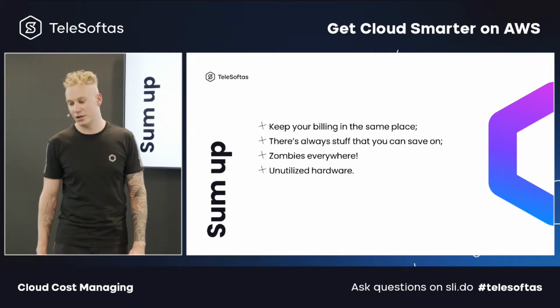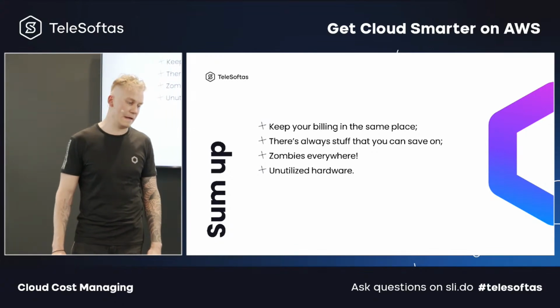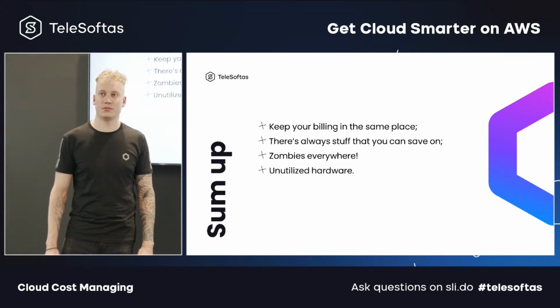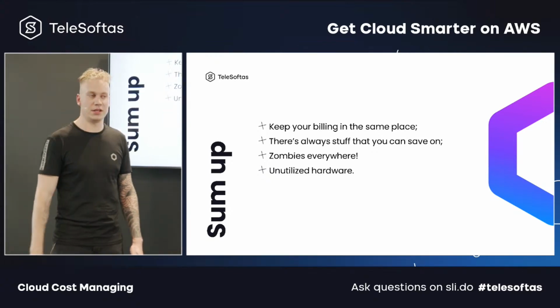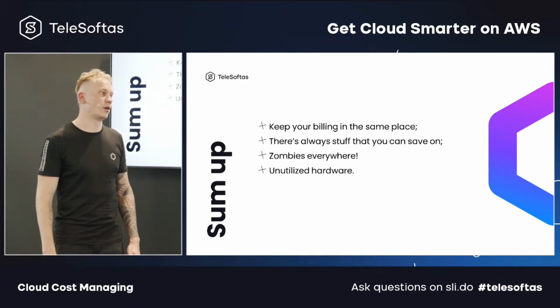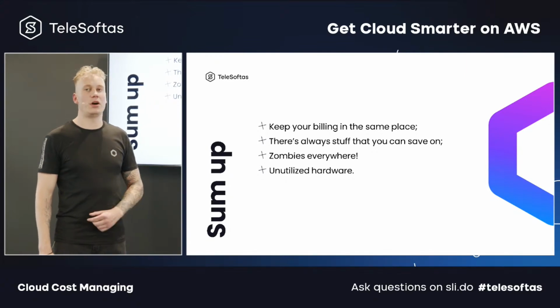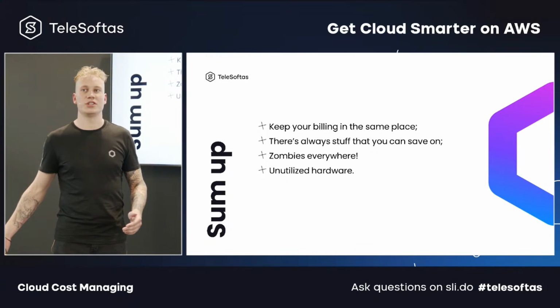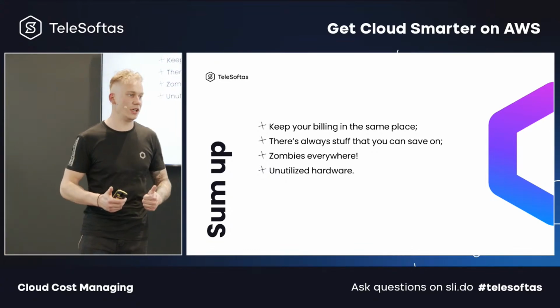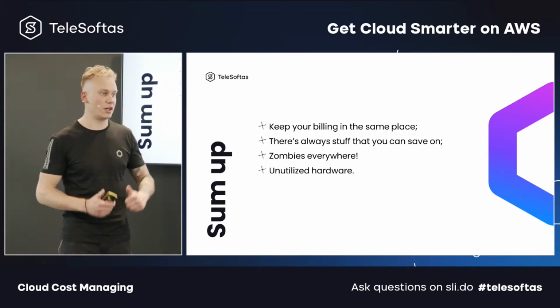And unutilized hardware. This is more of a debate, but sometimes in meetings, especially at startups, people are afraid that things will crash when more load comes in, so they beef up the instances and they just sit there costing a lot.